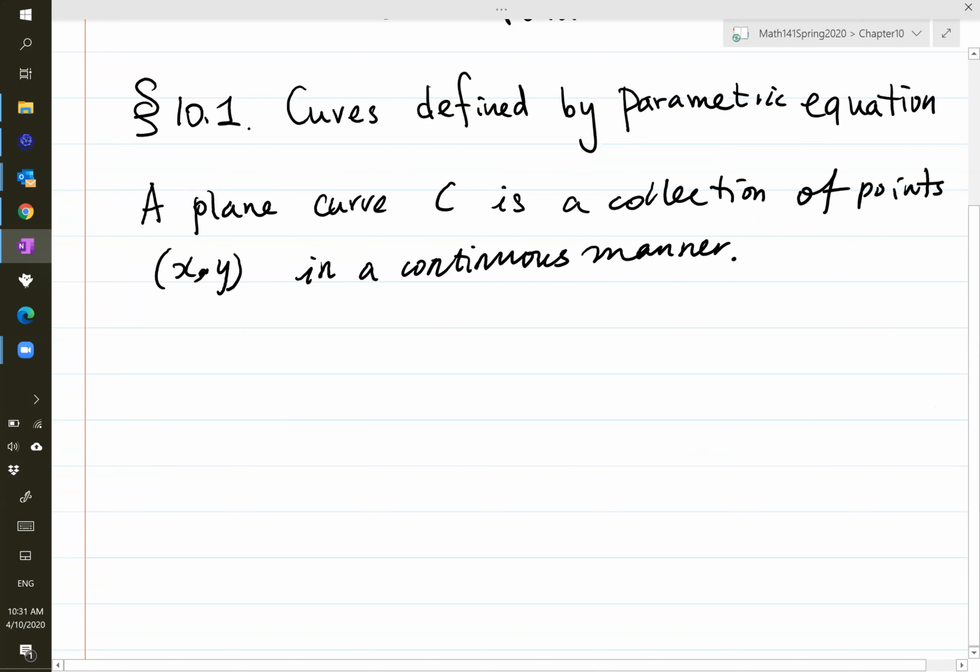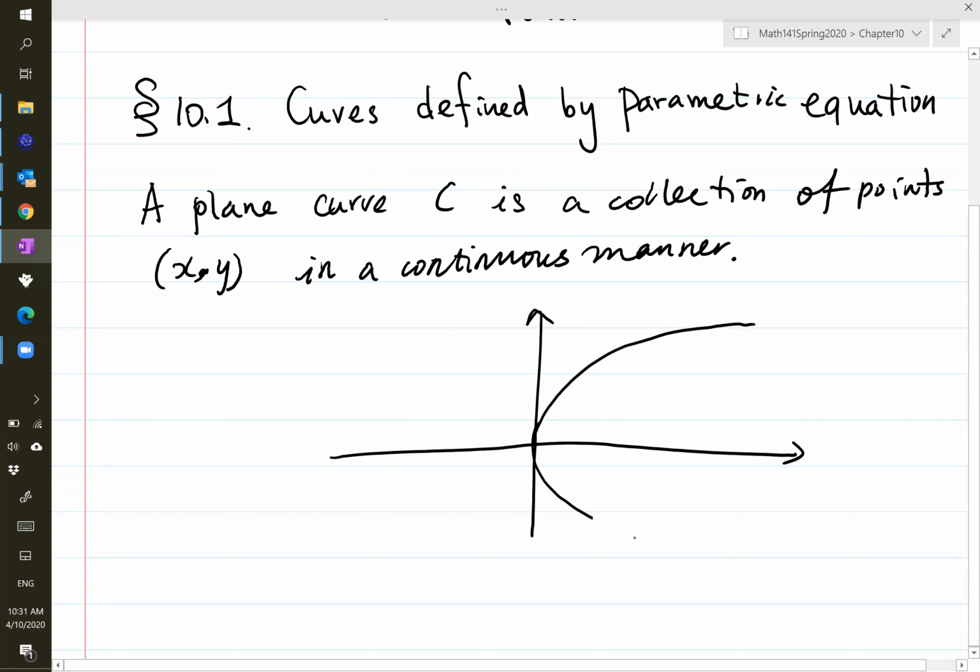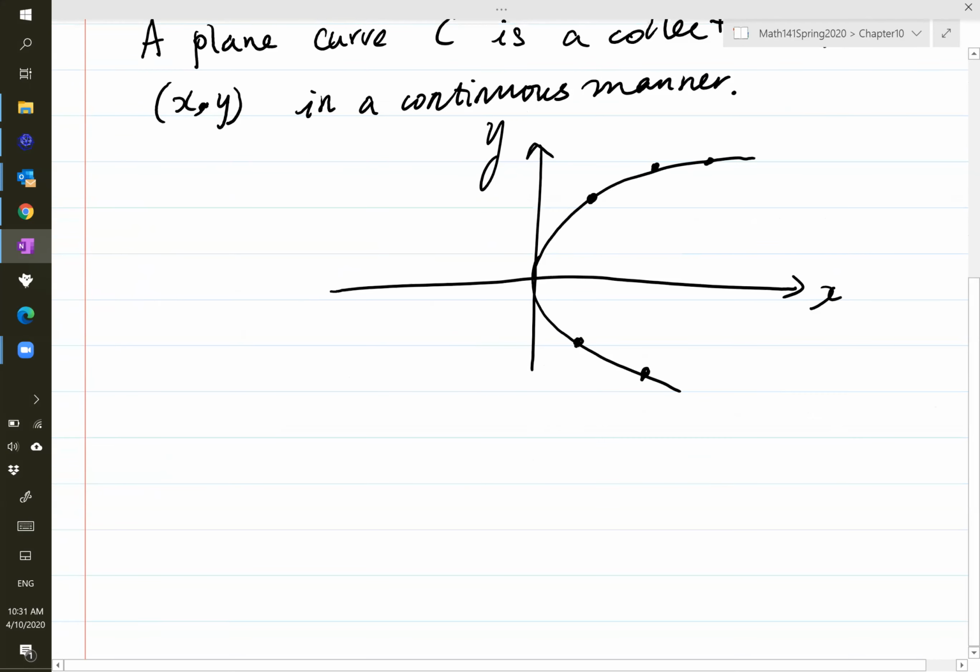So suppose we draw a plane curve, with a collection of points on it. Now, how do we give a curve?